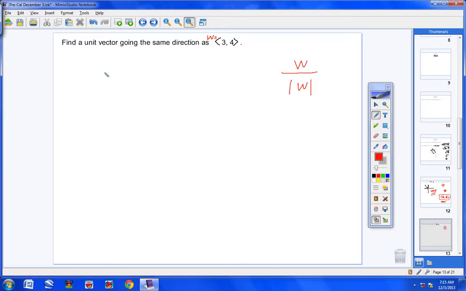So all we have to do is very quickly find the magnitude of W, which is 3 squared plus 4 squared, which would be 25 inside your radical, and the square root of 25 is 5. So my denominator is 5, and I still have W up top.